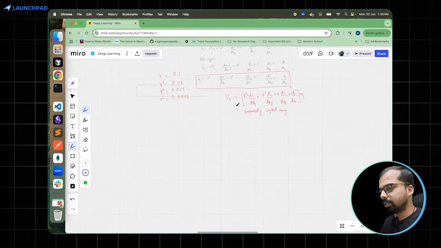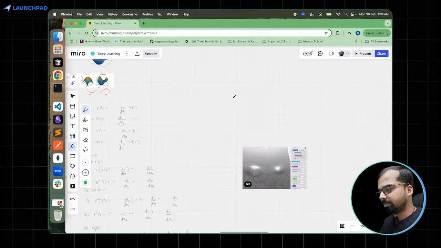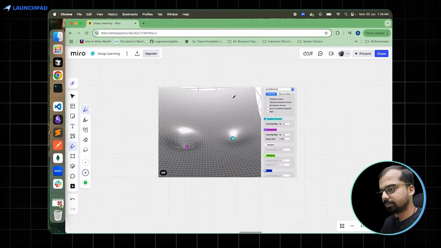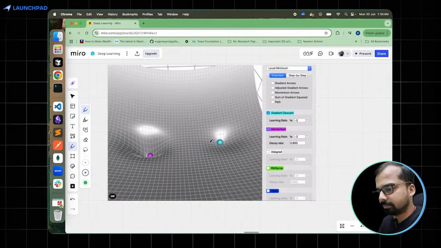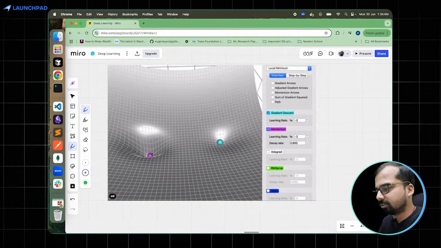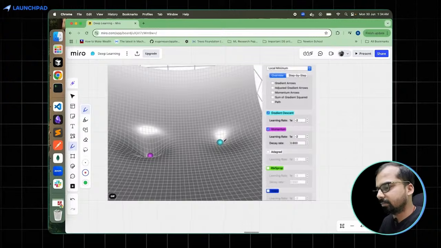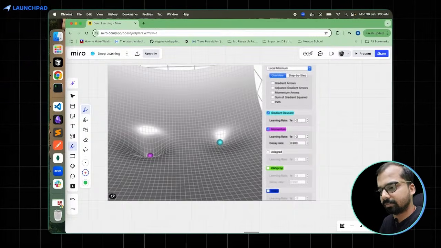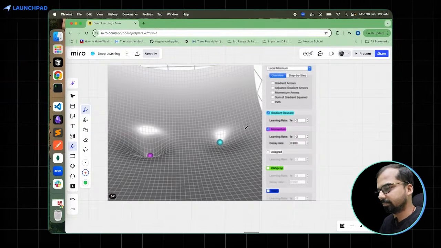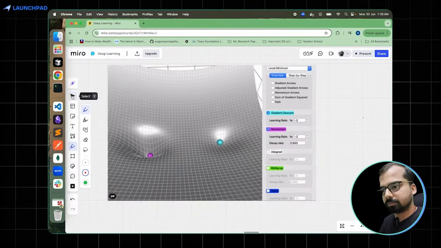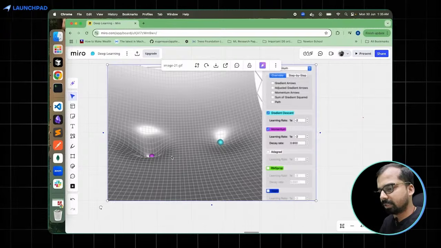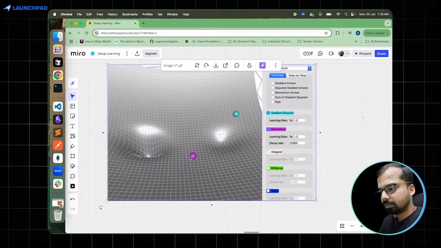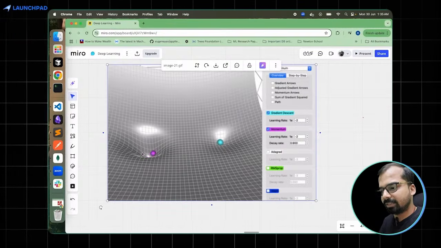Alright, now let me show you this GIF. So here the purple color is momentum and the blue one is the standard gradient descent. If you see, when both the balls are dropped, the purple one reaches the minima.